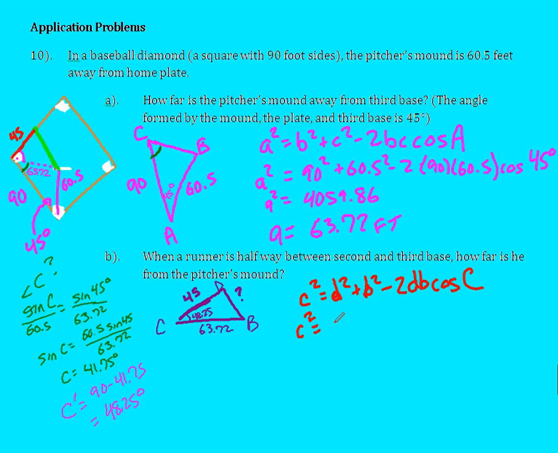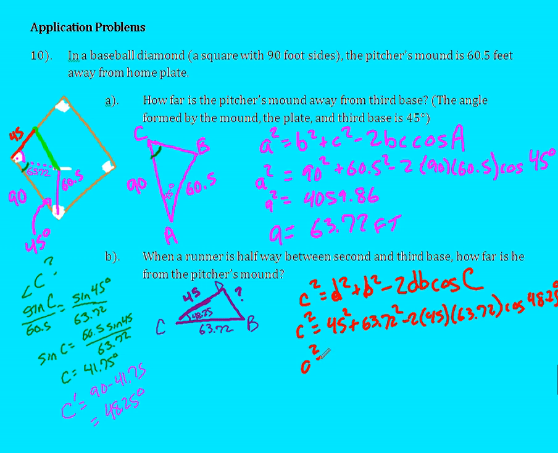C squared will equal, plug everything in, actually, B is 45, D is 63.72 squared, minus 2 times both of those, 45 and 63.72, times cosine of 48.25 degrees.